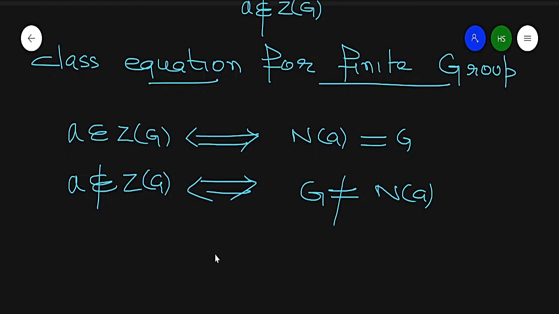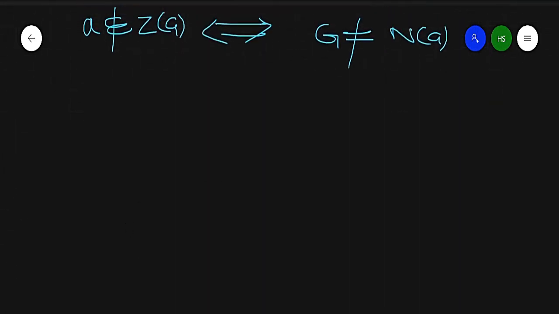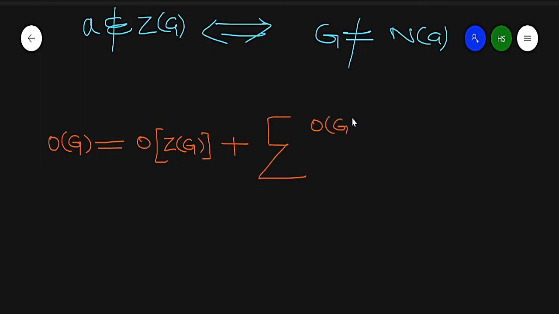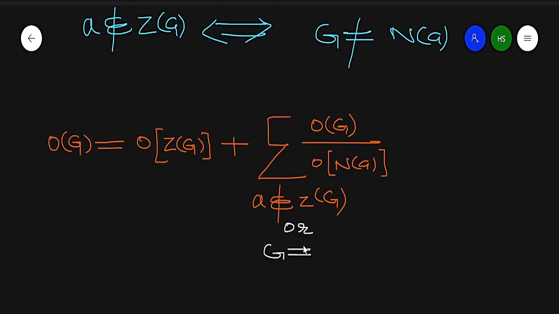Then the class equation can be written as order of G, finite group, equal to order of center of G plus the summation of order of G over order of normalizer of A. You can write here A does not belong to center of G, or also G is not equal to normalizer of A. So both parts have the same meaning.